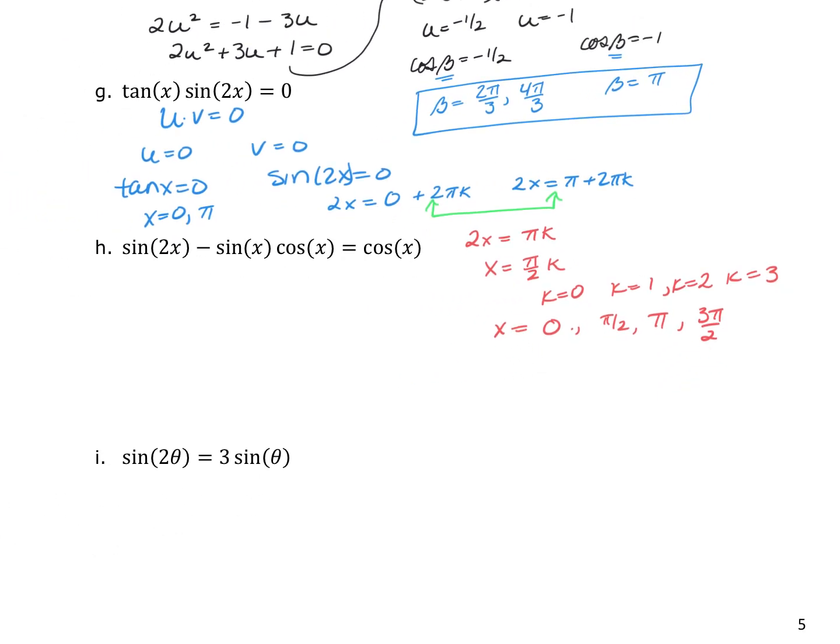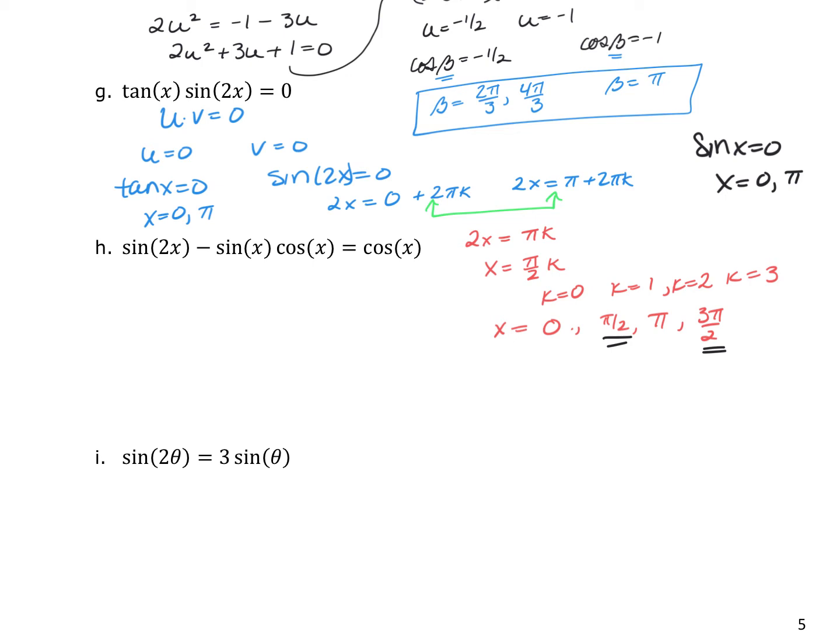Now, had I done exactly what I started out with, if you remember before I erased, I ended up with the sine of x is equal to 0. When I did that, my only solutions are 0 and pi. I dropped this solution and that solution. So just because you can simplify with identities, sometimes it's best you don't simplify with identities.